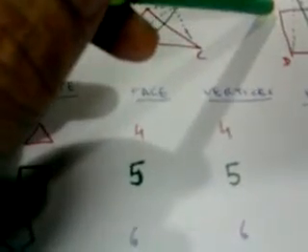Look at the square pyramid. How many faces does the square pyramid have? It has the square as one base and then 4 triangles, EAD, EDC, ECB and EBA.